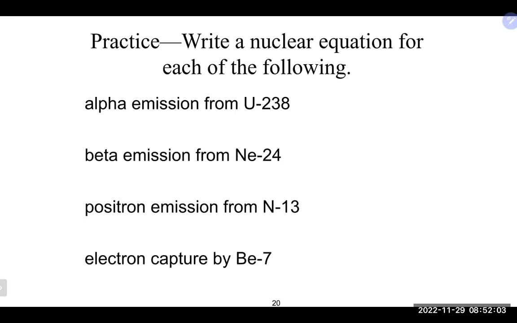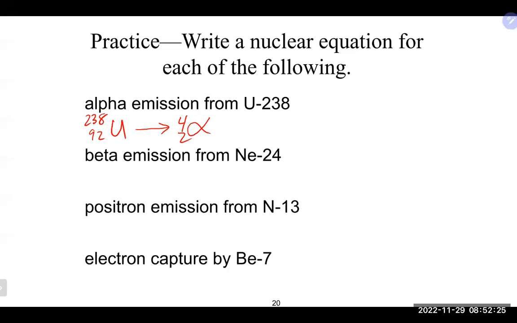Okay, let's take a look here and see. So first one is uranium-238. Looking at the periodic table, it is going to emit. So again, anything with emission or emitted goes up here on the product side.